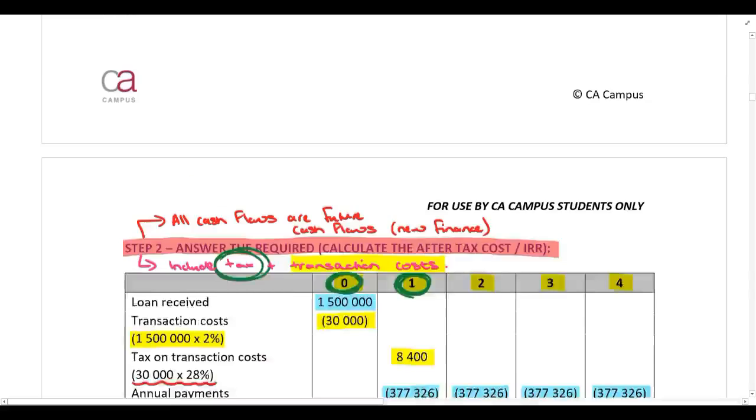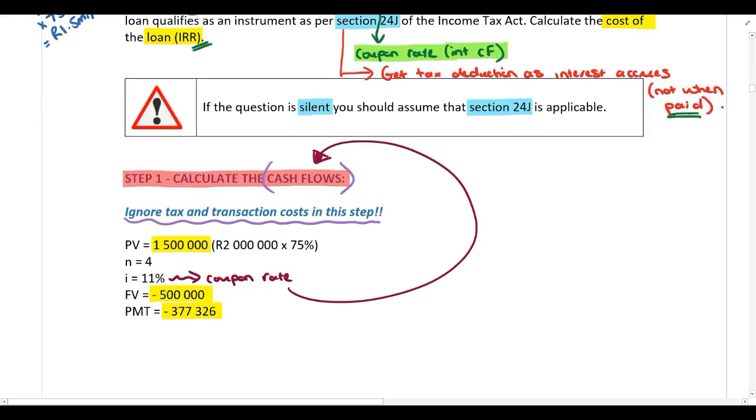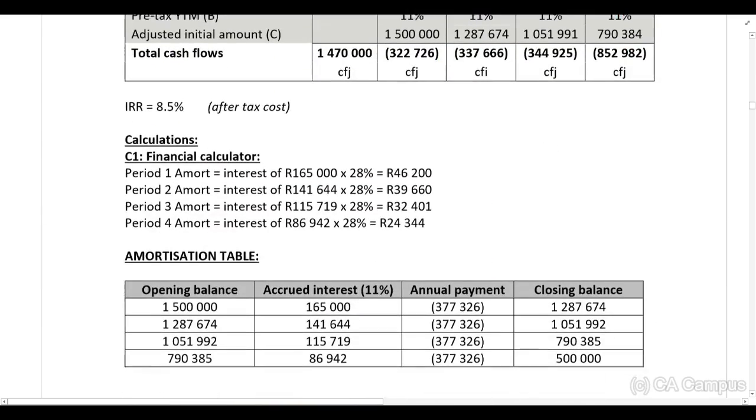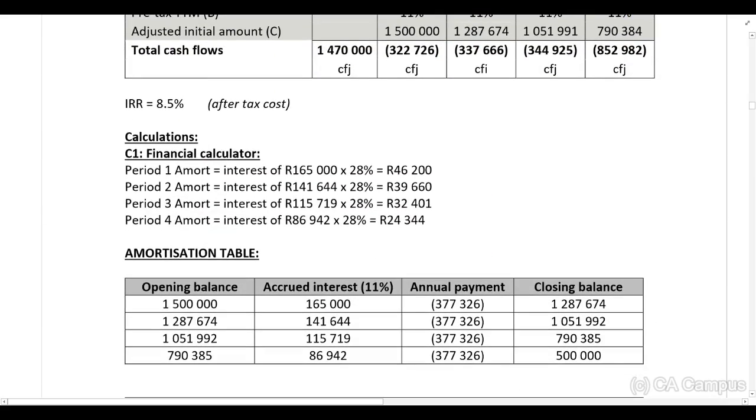So what do you do? In step 1, you input all of this information into your financial calculator. Keep that information in your financial calculator. Then, using the amortization function on your financial calculator, you're going to pull out the interest for period 1, 2, 3, and 4. So this is the accrued interest.